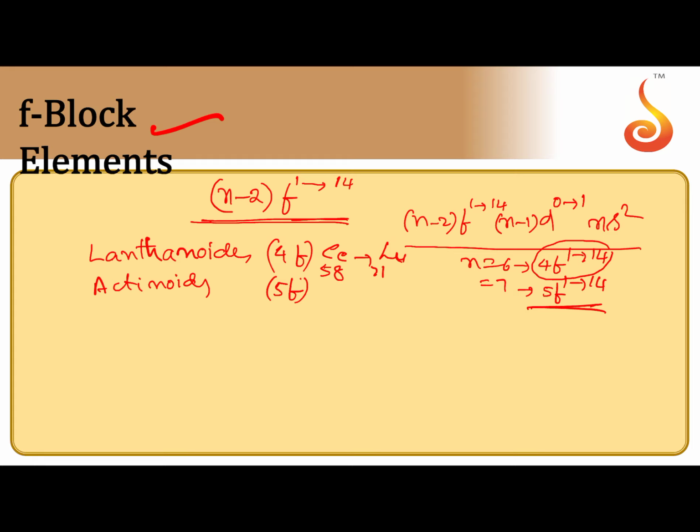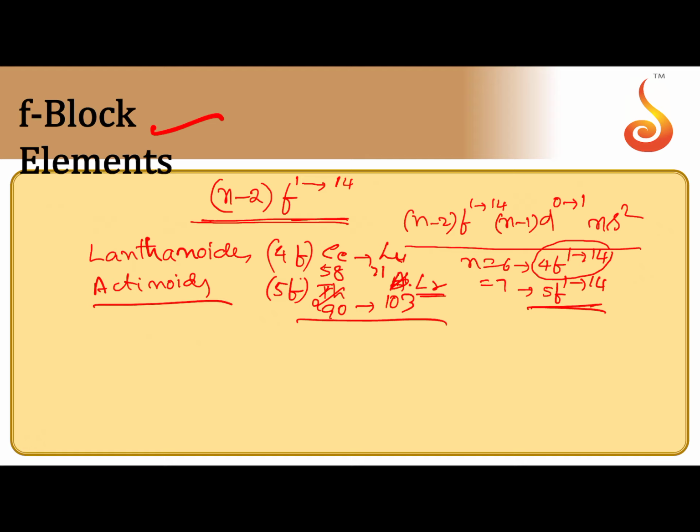Actinides start from thorium 90 and end with lawrencium 103.